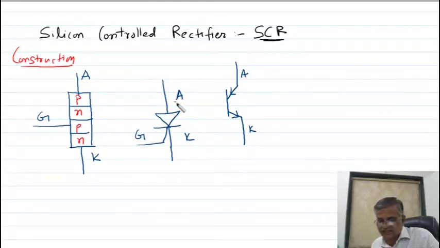Somebody asks, can I give the anode negative and get conduction? No. SCR conducts only when anode is positive with respect to cathode and current flows only in one direction, from anode to cathode. Therefore this is known as a unidirectional device.